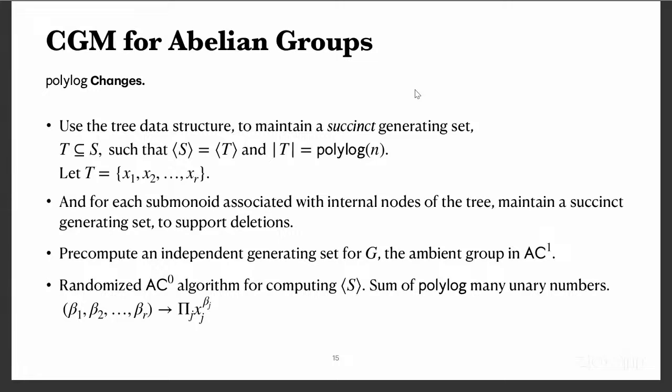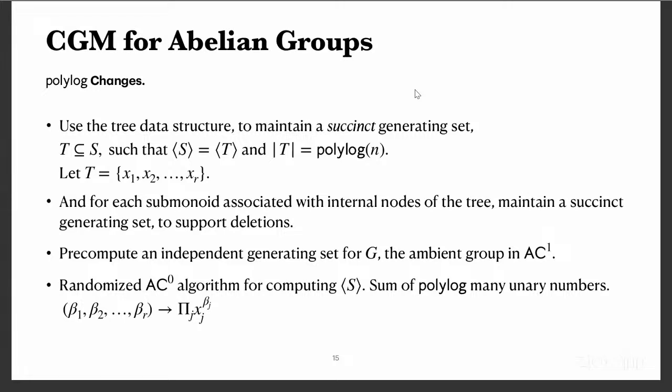We maintain a succinct generating set to support deletion. So how do we maintain the succinct generating set? We compute an independent generating set for G, the ambient group, and then for each element in our generating set, we can replace it by these.